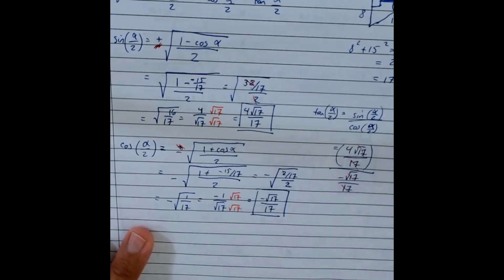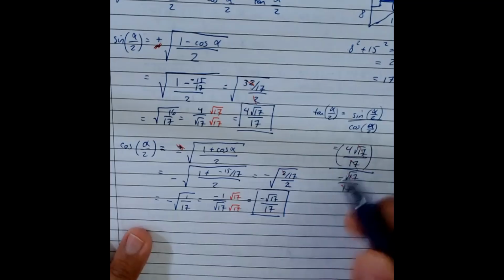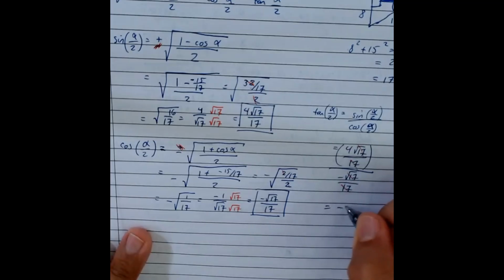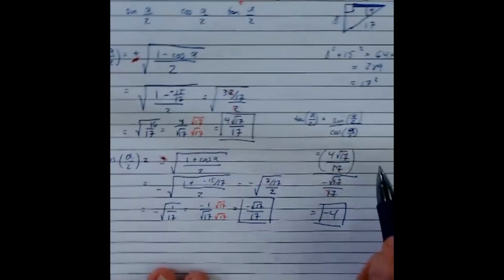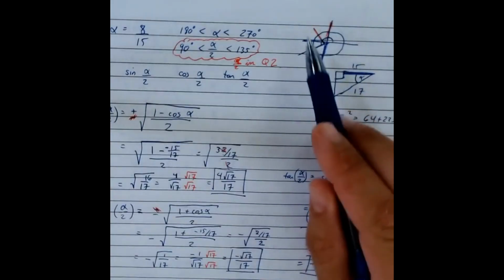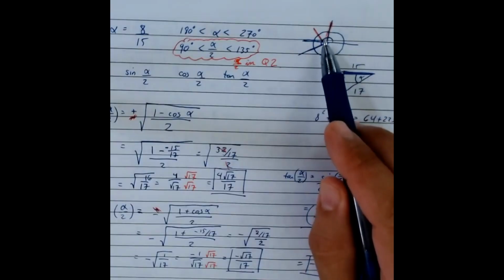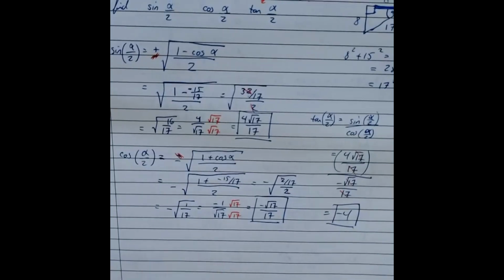Well, it's got a negative in front. Okay, negative 1. So that's 4 divided by negative 1, which is negative 4. So we get that the tangent of alpha over 2 is negative 4, and alpha over 2 is in quadrant number 2, which checks out. Sine is positive, cosine and tangent are both negative. And those are our results.